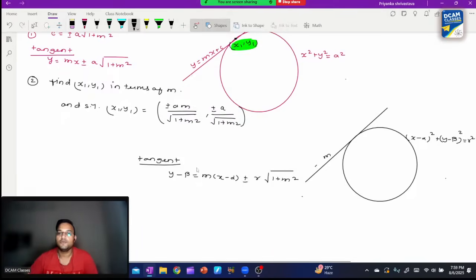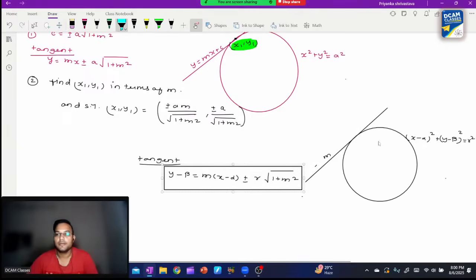Means what you have to do, the condition remains same. Only the thing you have to remember is, in place of x, you have to replace x minus alpha here. In place of y, you have to replace y minus beta.